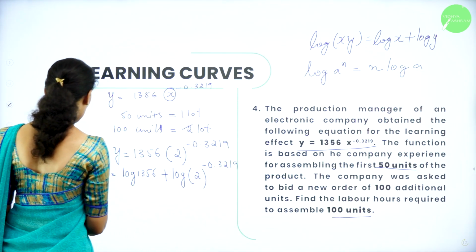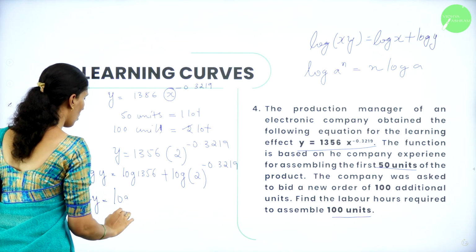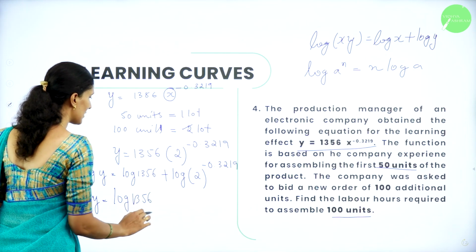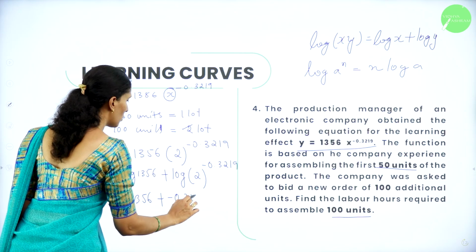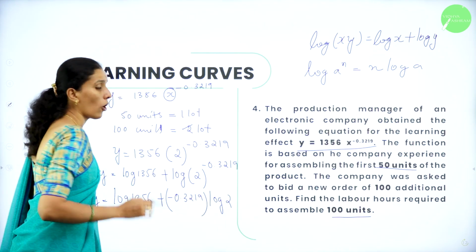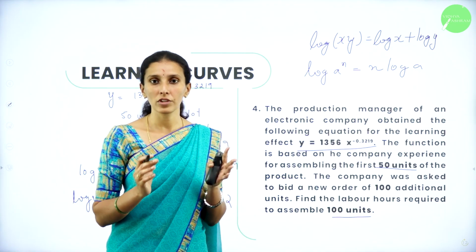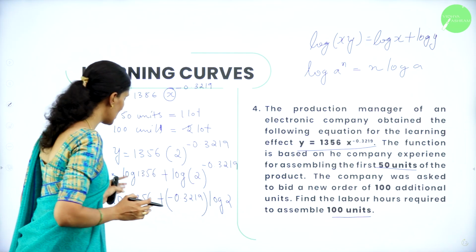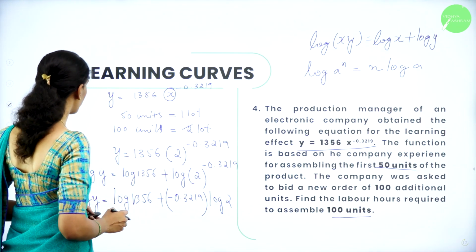Similarly, we can write this as log y is equal to log 1356 plus, this is minus 0.3219 into log 2. I already said you remember the value of log 2, which is 0.3010, and for others you have to check the logarithm table.